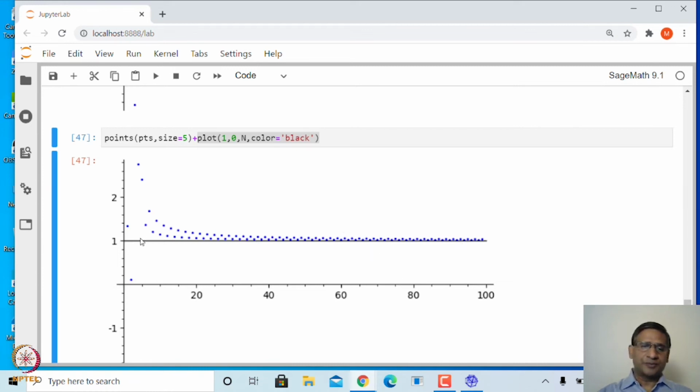So, suppose we draw a horizontal line at y equal to the limit a, and lines at a plus epsilon and a minus epsilon. So, a horizontal band around y equal to 1, and then see what happens to this sequence.